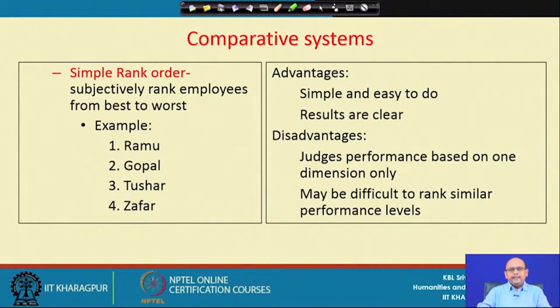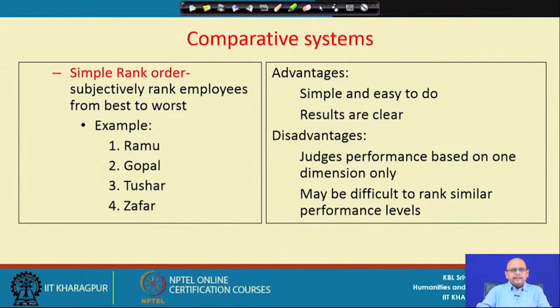You are going to rank them based on your judgment: which one is the best, then the next best, then the next one, and finally the last person. So, when you compare performance using a simple rank order, you say that Ramu is the best performer and Jafar is the least performer. It is based on the ranking depending upon their performance, which is judged subjectively.